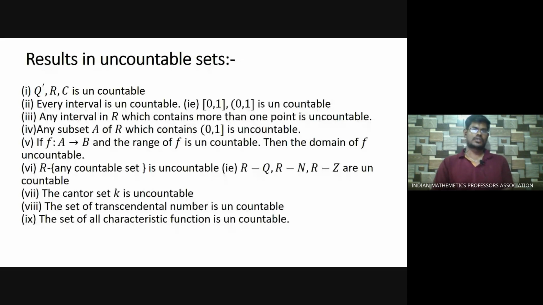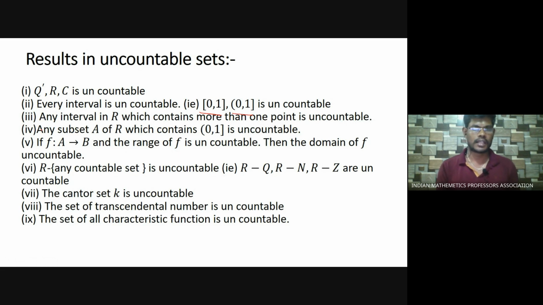Here, the irrational numbers, real numbers and complex numbers are uncountable. Then the second result: every interval is uncountable, that is, 0, 1. The half open interval of 0, 1 is uncountable.